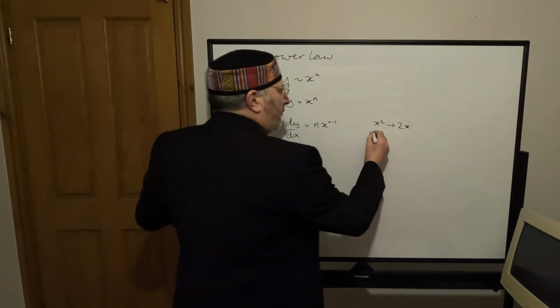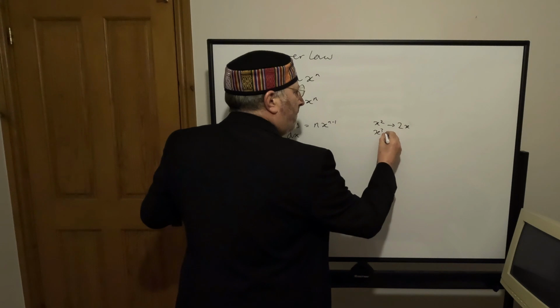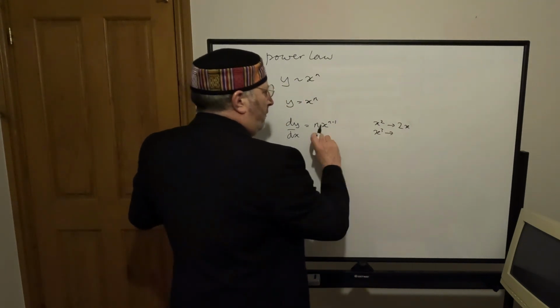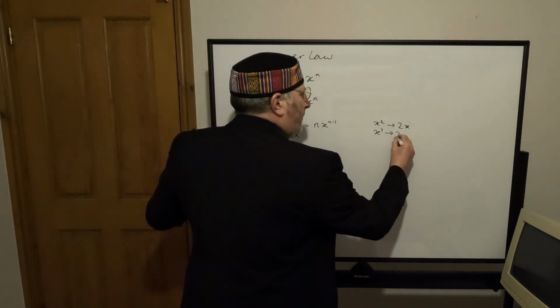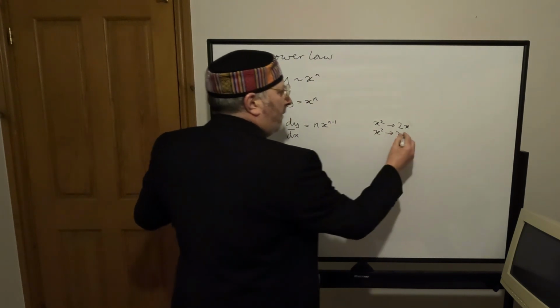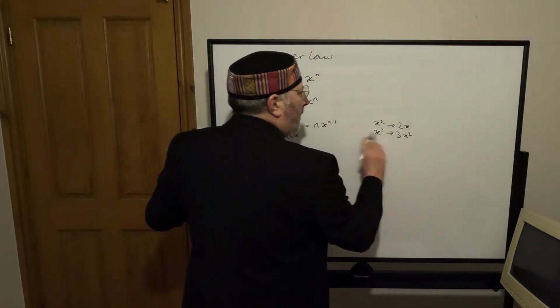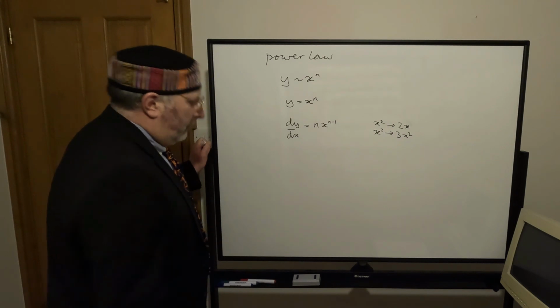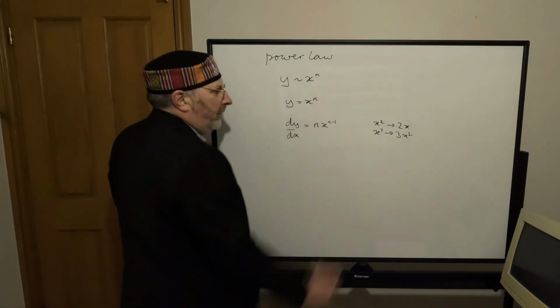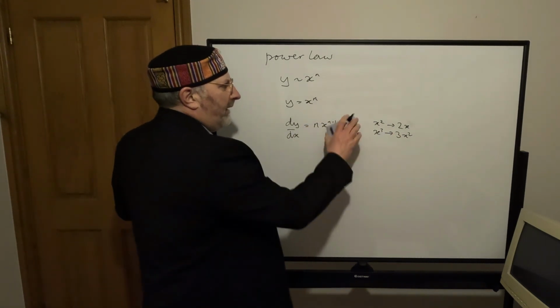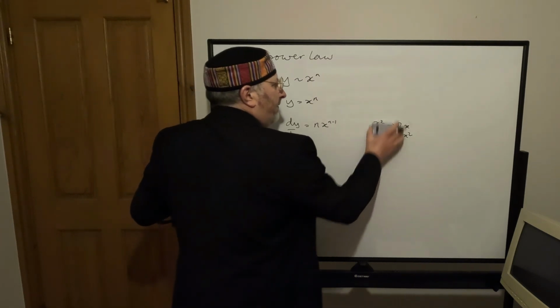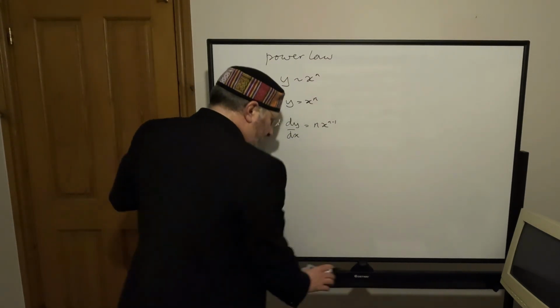So x squared is 2x, and we also have just seen x cubed, where n is 3, so that's 3 times x to the n minus 1. 3 minus 1 is 2, 3x squared. So that formula certainly works for the examples we've seen, and that is our general formula for a power law, how to differentiate it.